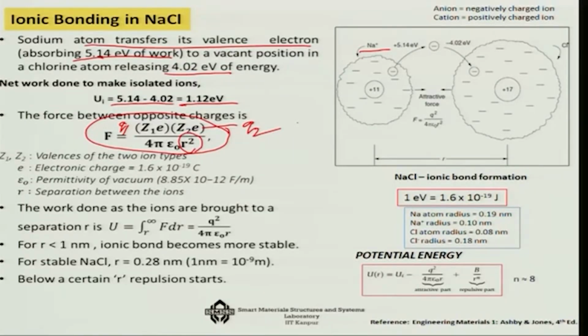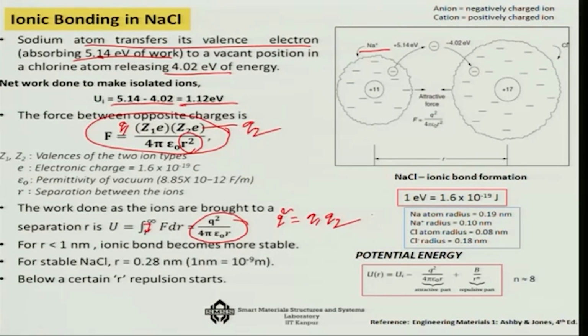Now, you can also calculate the work that is being done for bringing them from infinity to R by integrating this force F with the distance dr for each unit advancement of dr, and if you integrate that you will get q square over 4 pi epsilon 0 r, where this q square is nothing but q1 times q2.